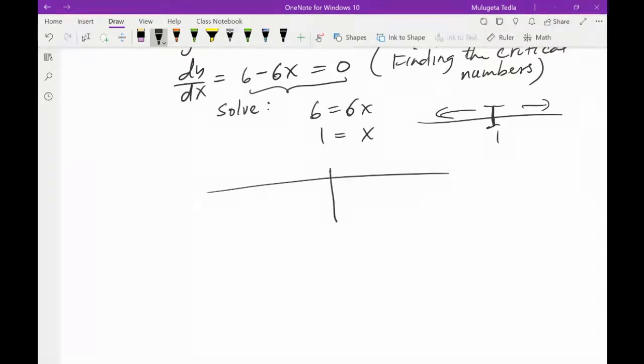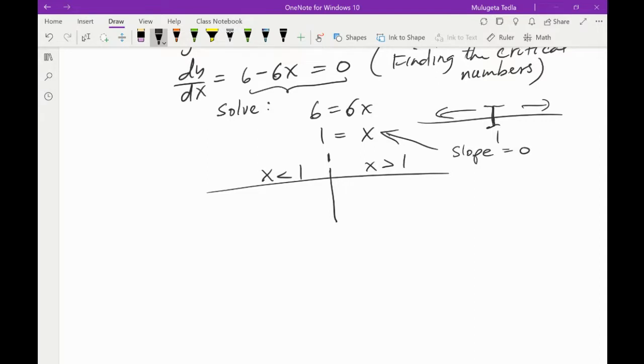The critical number is the point where it's maximum or minimum. So your increasing and decreasing is also dependent on those numbers. In this case, I have 1, and then there is x greater than 1, and x less than 1. Do not include even the 1. That is the boundary line. What is that 1? That's where the slope is 0.